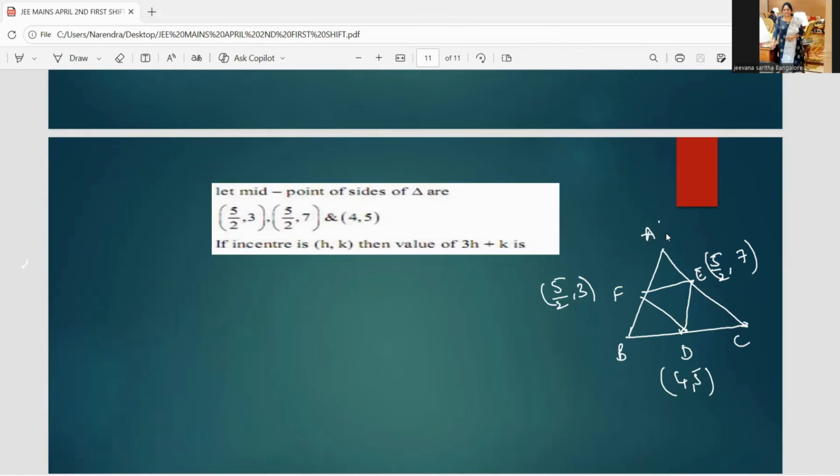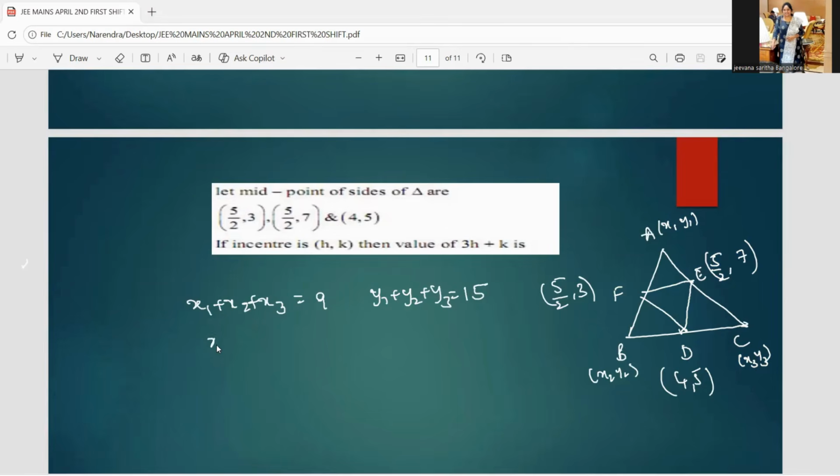Let's assume this as x1, y1, this as x2, y2, and this is x3, y3. Since the centroids are the same, x1 plus x2 plus x3 is the sum of the x coordinates of the midpoints. So that gives us 9. The sum of the y coordinates of the midpoints will be 15.